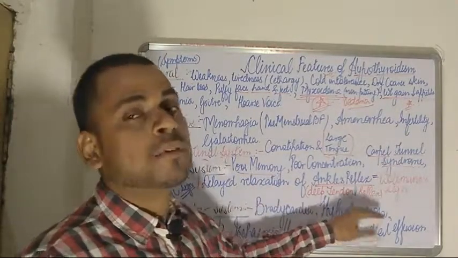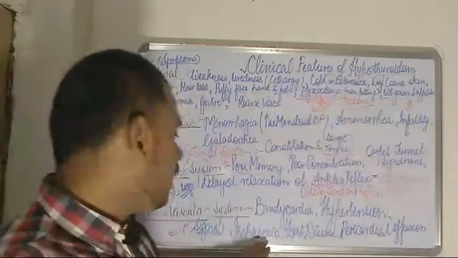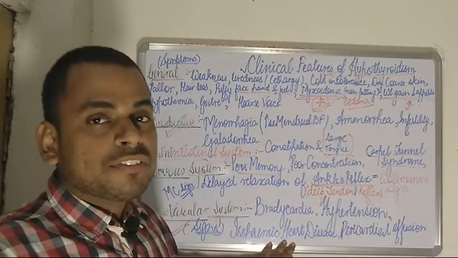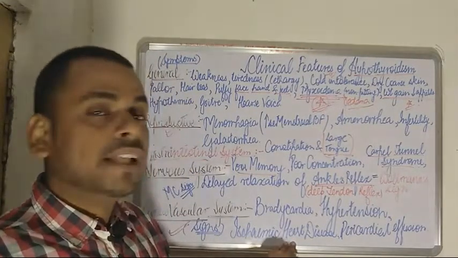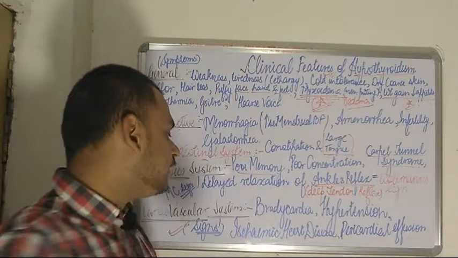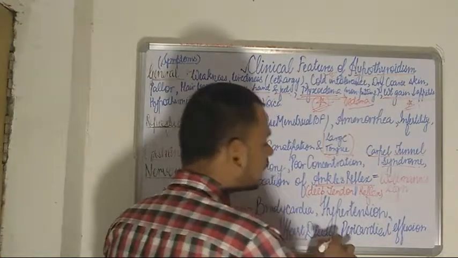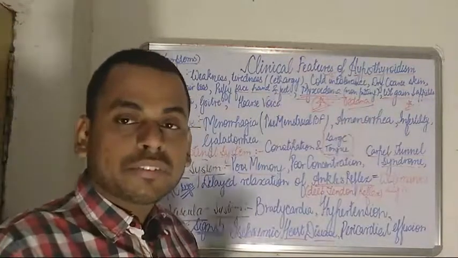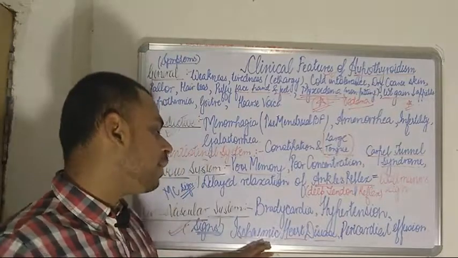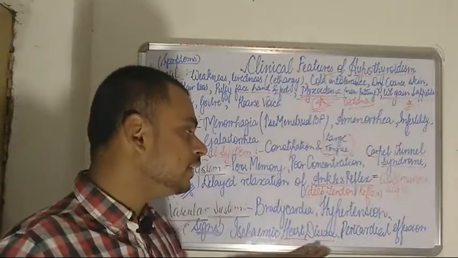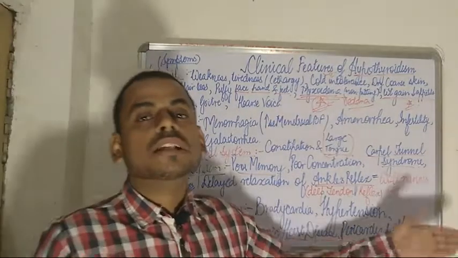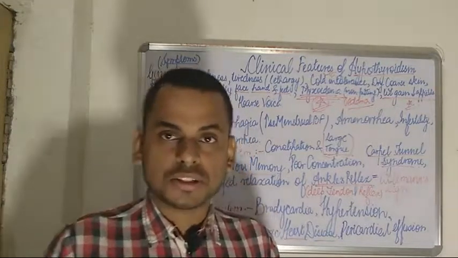They can also manifest with hypertension. In some cases, there can be an ischemic heart disease, where there is a decreased blood supply to the heart. And lastly, in some patients, pericardial effusion is also seen.